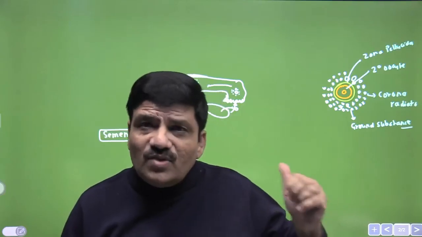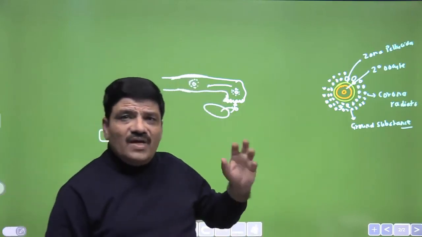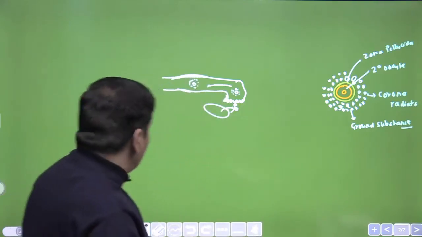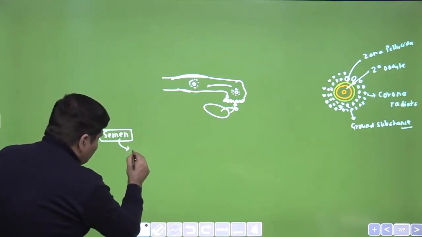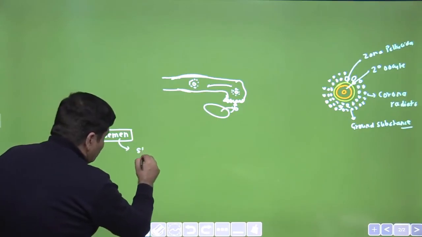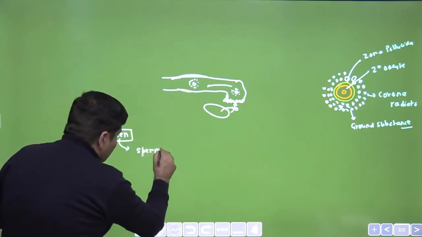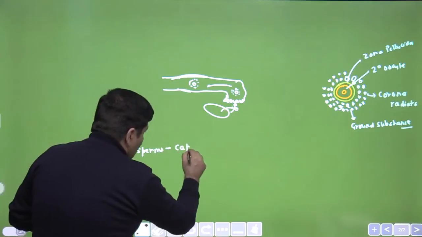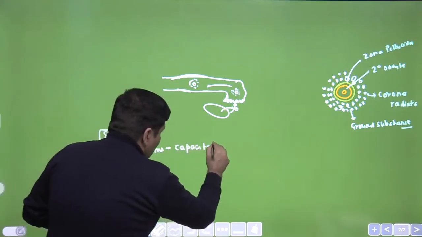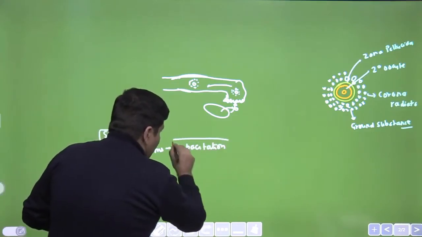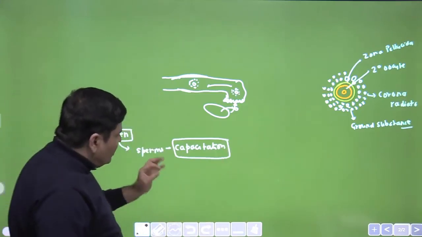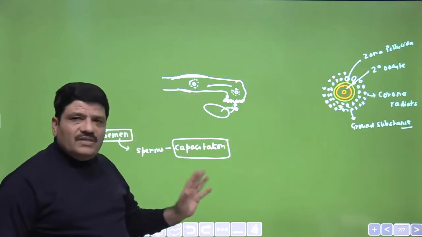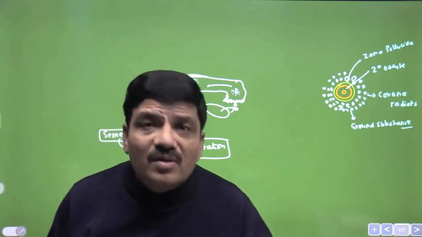The final maturation of the human sperms will occur in the female genital tract. The coagulum semen gets fluidized, the sperms are released, and they undergo a process called capacitation. This capacitation is the final maturation. Remember, it is occurring in the female genital tract, and as a result of capacitation, the sperms become hypermotile.